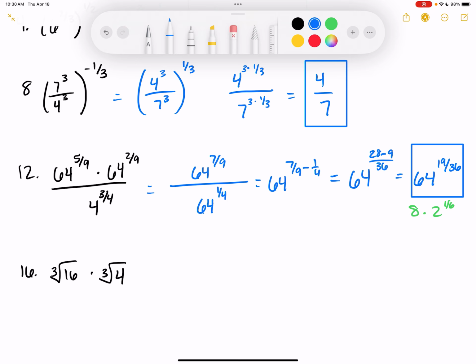So this is going to be the cube root of 16 times 4, which is 64. Now, sometimes once you get to here, you can actually take the cube root, which in this case I can, right? What would the cube root of 64 be? 4. So this one would just be 4.